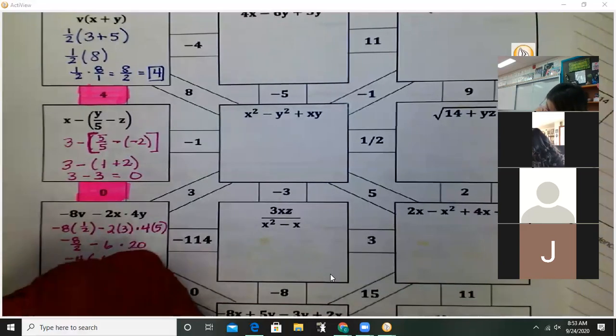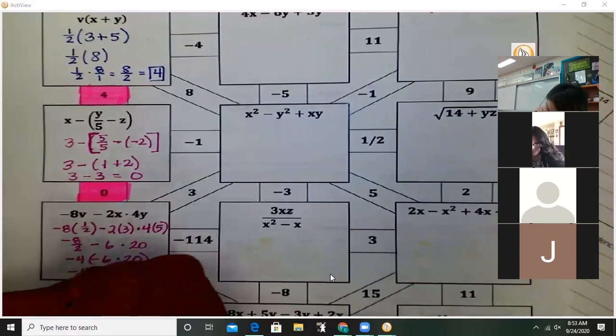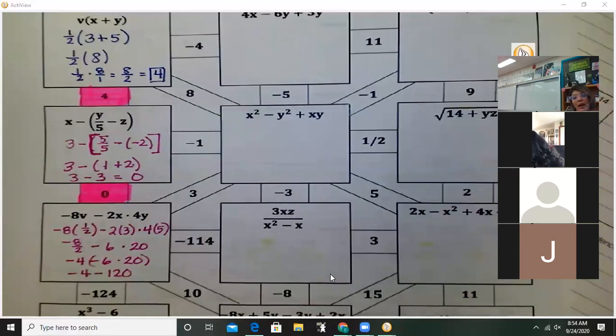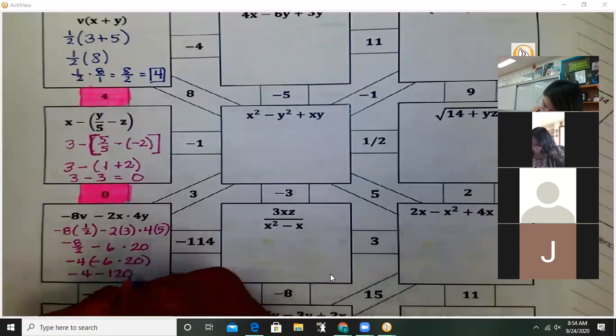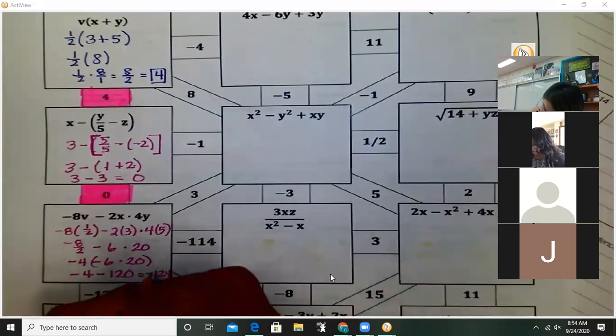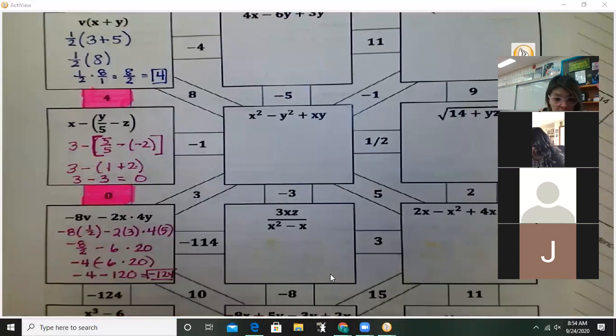So this will be negative 4 minus 120. What's negative 4 minus 120? My answer is going to be negative 124. And you can use a calculator if you have problems with integers.